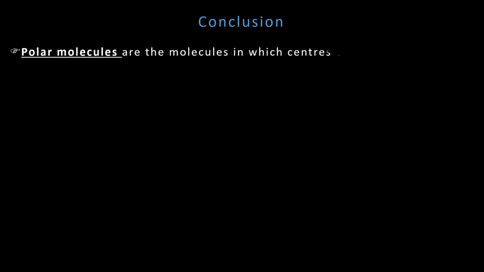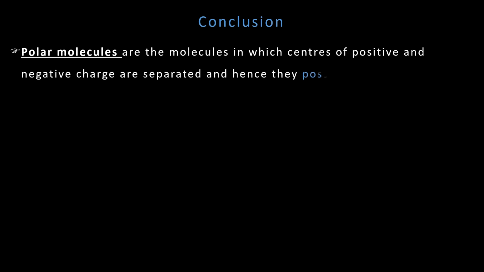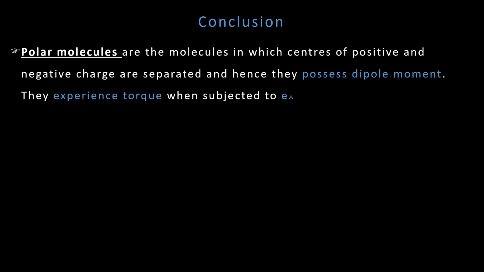Let us conclude now. In conclusion, polar molecules are the molecules in which the center of positive charge and center of negative charge are separated, and hence such molecules possess dipole moment. When subjected to an external electric field, such molecules rotate because of the force experienced by positive charge and negative charge.